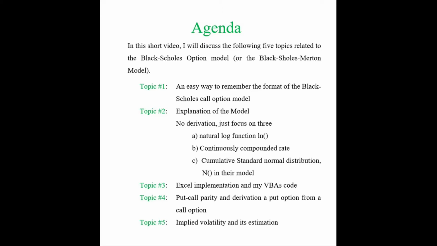B, continuous compounding rate. How to calculate a continuous compounding rate? What is the definition of continuous compounding rate? C, cumulative standard normal distribution and its related Excel function. Topic number 3, Excel implementation and my VBA code. Topic number 4, put call parity and how to derive a put option from a call option. Topic number 5, implied volatility and its estimation.